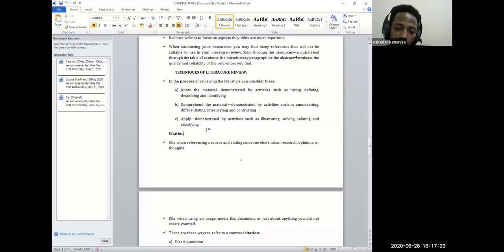You cite the material if the material serves you as a source. If you take someone's ideas, findings, or even opinions and thoughts, if you take any idea from someone else's work, you have to cite it.